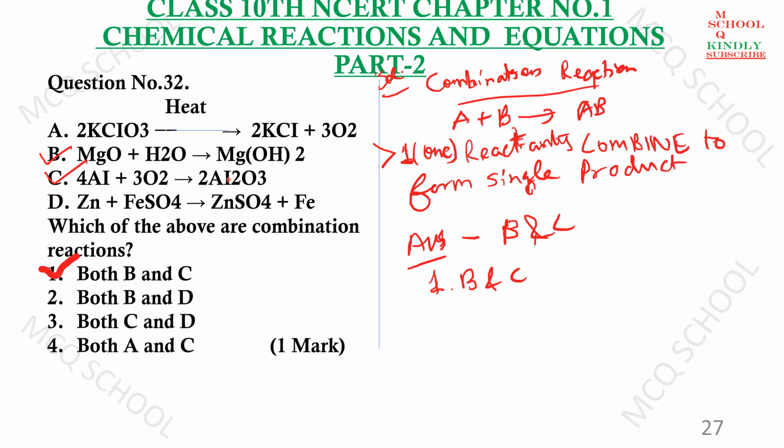So in our case, out of four only two reactions are forming a single product, B and C. The rest of them, A and D, are not combination reactions. So hence the correct answer is 1, B and C.